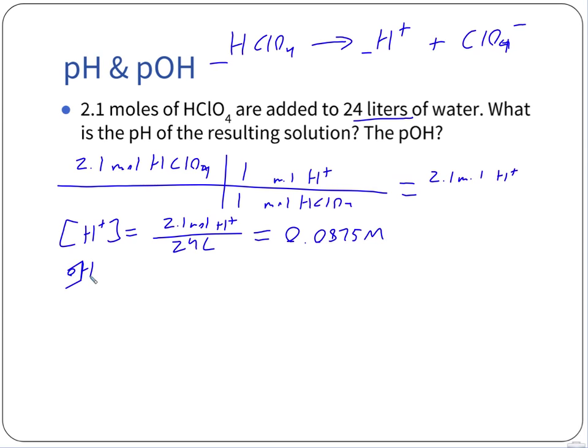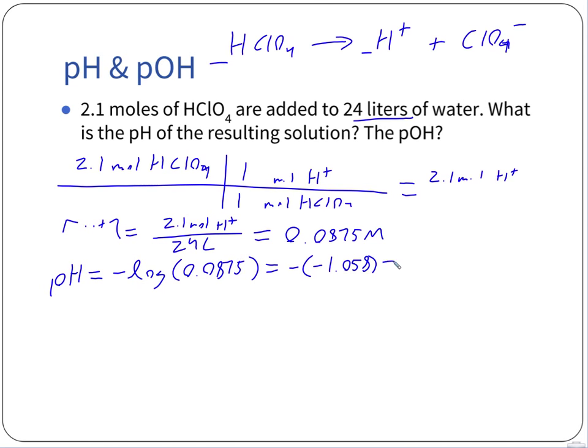The pH of this substance is going to be equal to negative log base 10 of 0.0875. Doing this, log of 0.0875 is going to be negative 1.058, which means our pH is just 1.058.